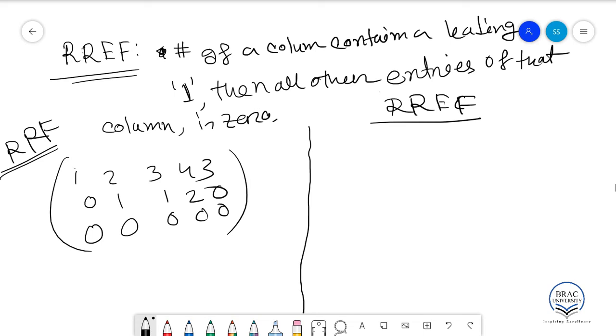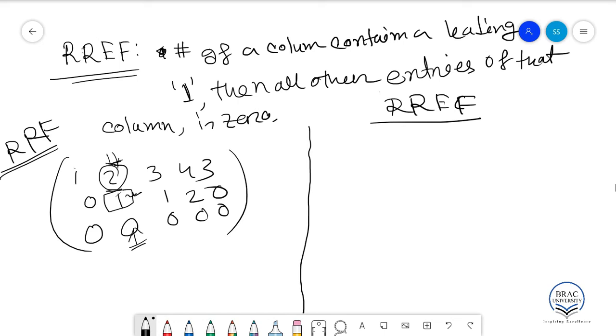Here you can see that the features we talked about are all satisfied. But if a column contains a leading one, then all other entries of that column are 0. This is not true here, because this column has a leading one, but all the other entries are not 0, because there is a 0 downstairs but there is no 0 upstairs. So this condition is not fulfilled here, so that's why it's not a reduced row echelon form.